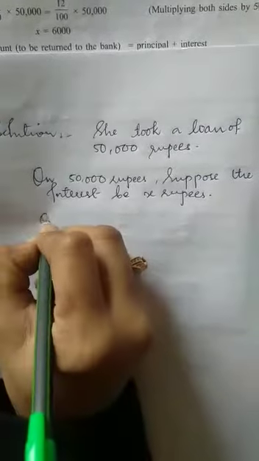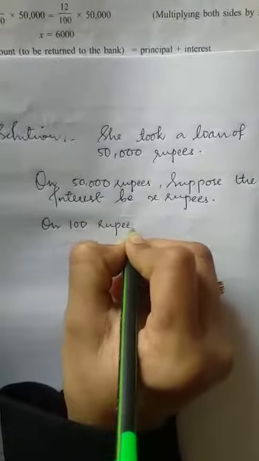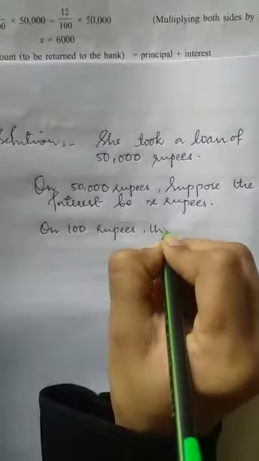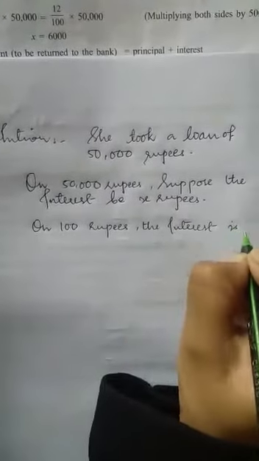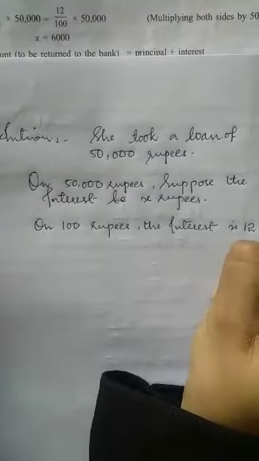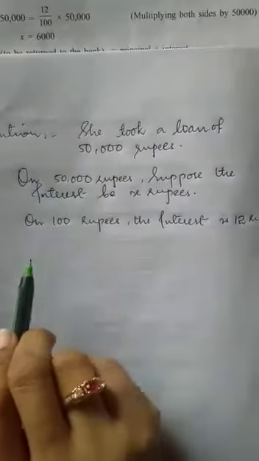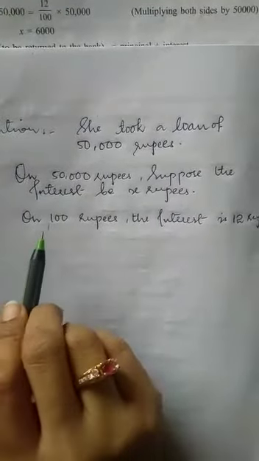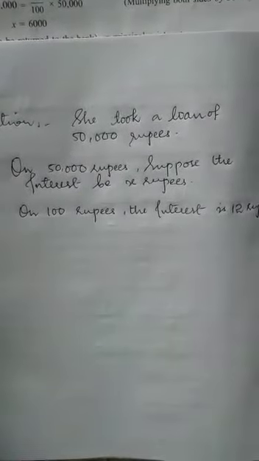It means on each 100 rupees, the interest is 12 rupees. Interest will be 12 rupees. Are you getting me? She took a loan of 50,000 rupees from the bank. At the end of the year, she has to return this amount to the bank.